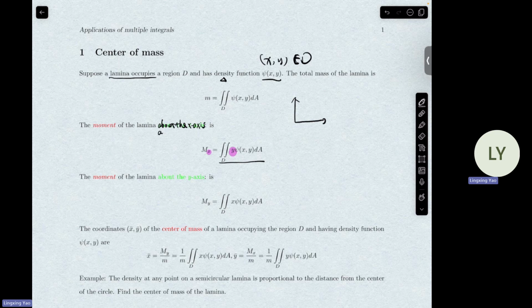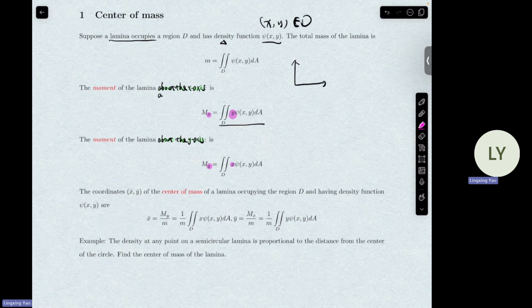On the other hand, if you want to compute the moment of the lamina about the y-axis, given by M sub y, you multiply x by the density function and take the double integral. So the formulas are pretty straightforward, right?